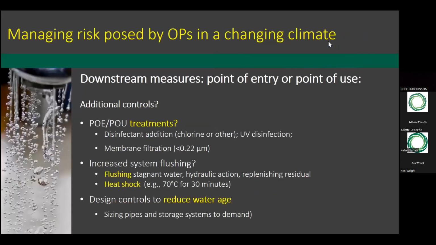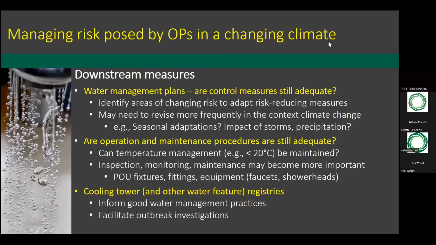When we look downstream at point of entry or point of use, do we need to consider different controls, such as different types of disinfection, including UV disinfection or membrane filtration, changes to how we flush systems or apply heat shock? Or are there design controls we should be considering to reduce water age? So better sizing of pipes and storage systems to demand of the users to reduce the chance that water is aging.